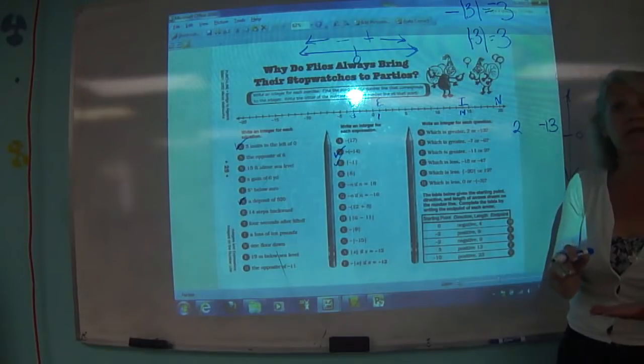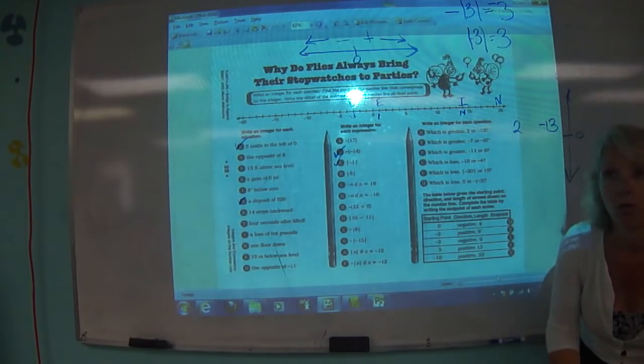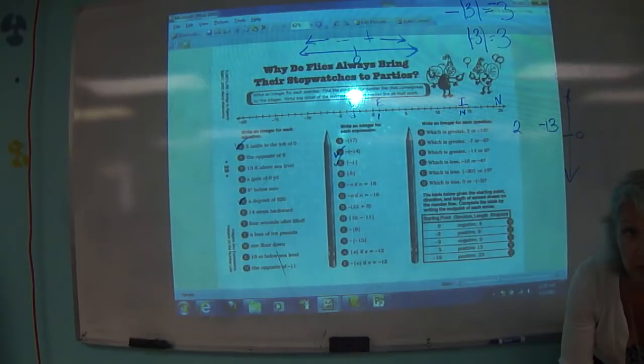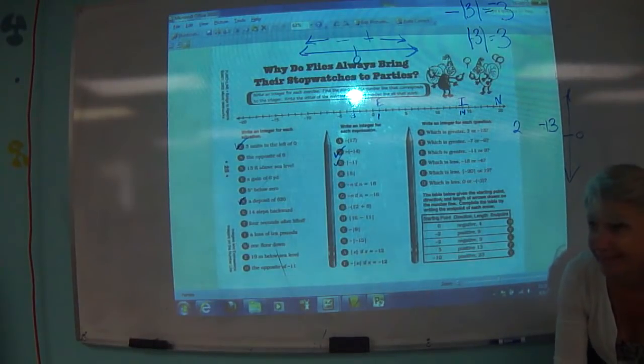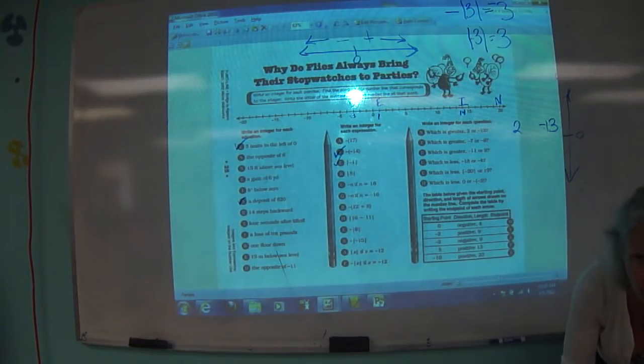The minute you go negative, you're digging a hole. Which one's smaller? Negative 13, because it's underground, right? When you have to dig that hole, you've got to be smaller, or deeper. You can think of it that way.